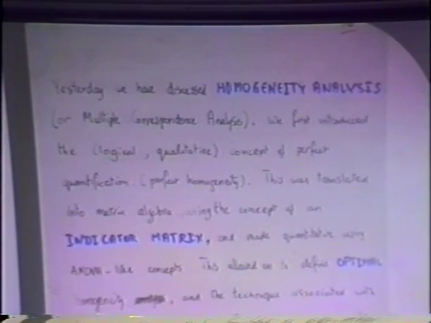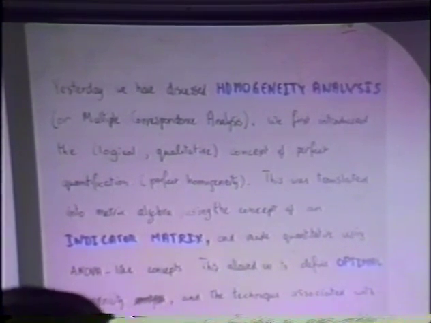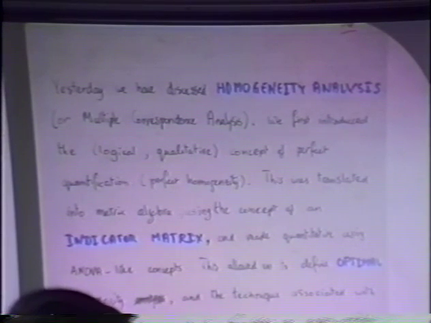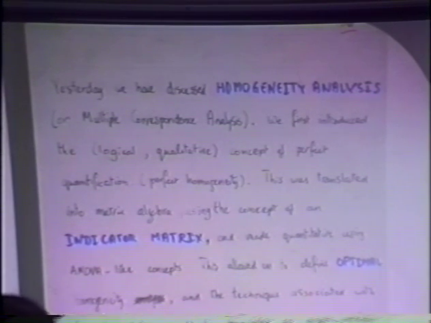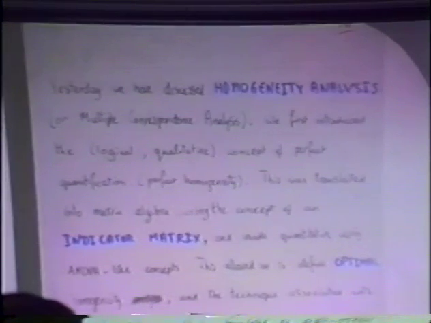First, a short summary of what we have done yesterday. Yesterday we have discussed homogeneity analysis. I want to emphasize once more that that is the same technique as multiple correspondence analysis. We first introduced the logical or qualitative concept of perfect quantification or perfect homogeneity. This was not very practical to work with. It was translated into matrix algebra in order to make it more practical, using the concept of an indicator matrix, which was defined.